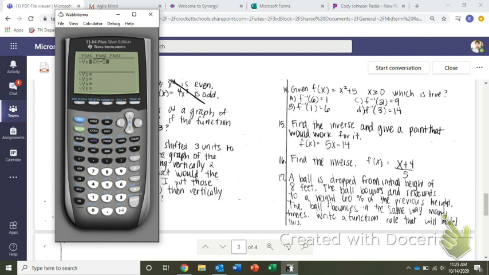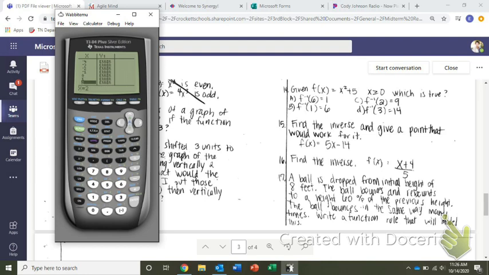Once you do that, you want to hit second graph to pull up your table. Now, the numbers in the parentheses are your x's. The numbers beside the equal sign are your y. So, when I put in a 6, or when I put in, let's see, choice B says 1 and 6. Well, I have a 1, but it says error.